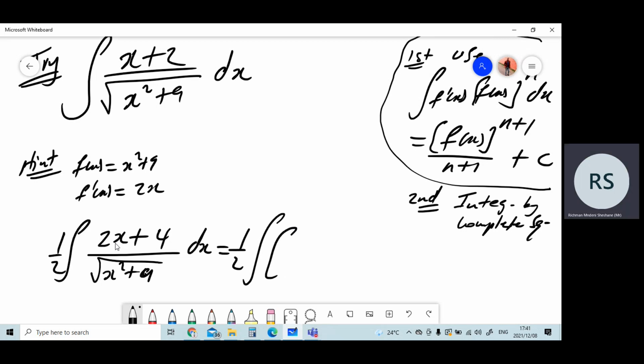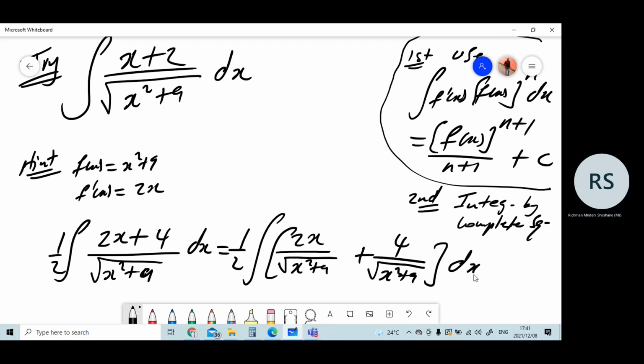So split the derivative, dividing the denominator: 2x over square root of x squared plus 9 plus 4 over square root of x squared plus 9.